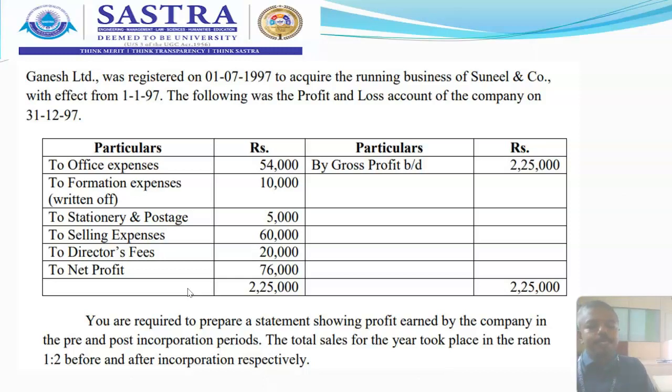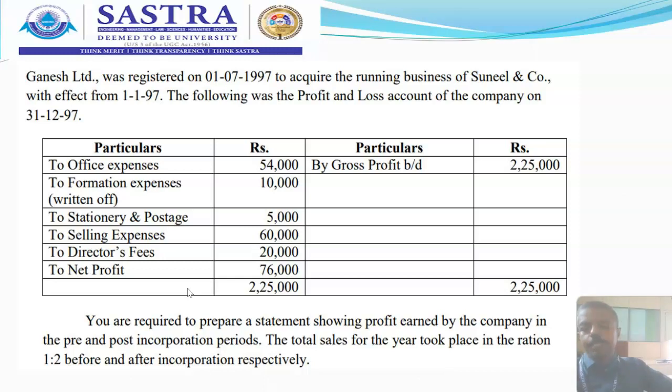It happens occasionally, so formation expenses are not going to be a regular expense. It happens when you form your business, when you form a company. So you need to spend some amount for registration, or for purchasing stamp paper, or for advocates or the consultants who help us with registration.